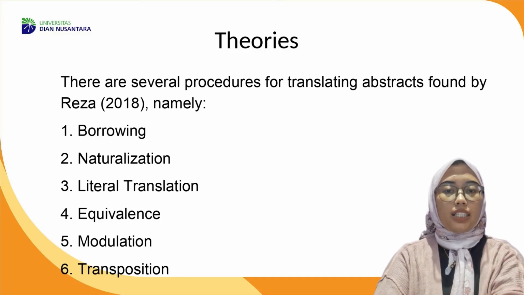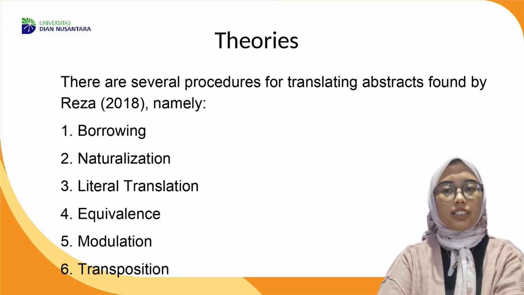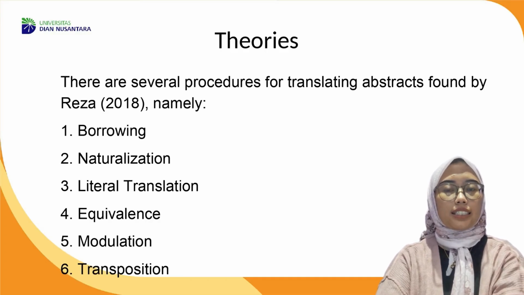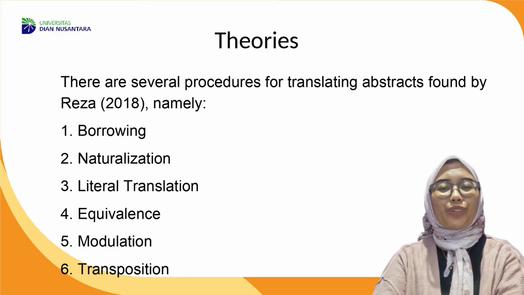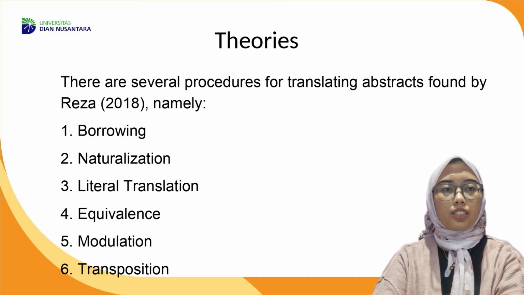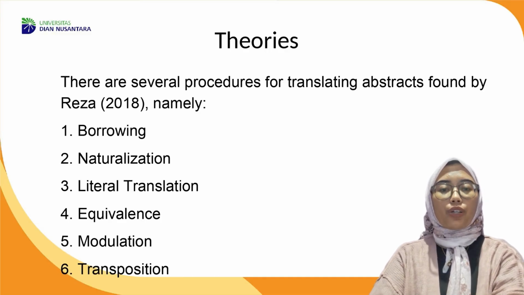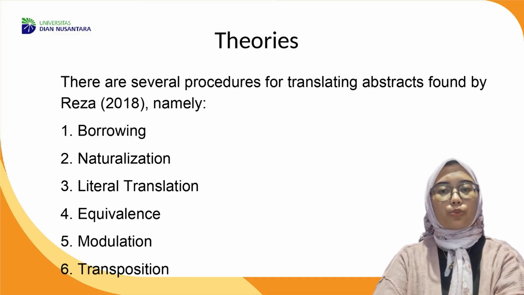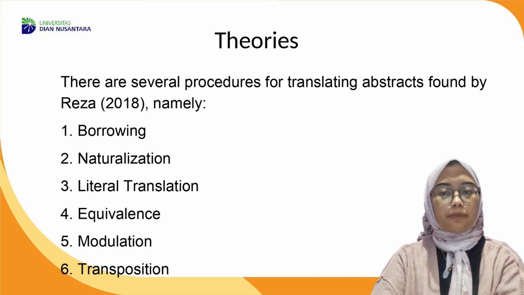The third one is literal translation. Literal translation is the method that involves translating word for word or closely following the grammatical structure from the source language to the target language. And the fourth is equivalence. This strategy seeks to produce the same situation or meaning using entirely different expressions.